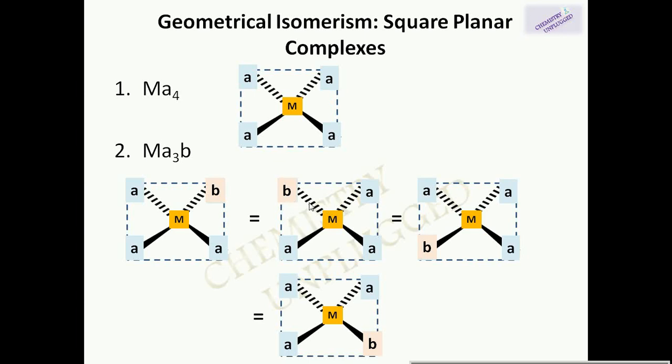All these vertices of this square planar complex are the same in nature, so there is no change in the geometry of this complex. So geometrical isomerism is also not possible in Ma3B type.